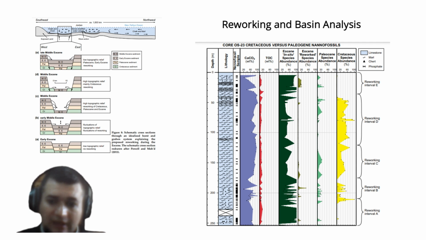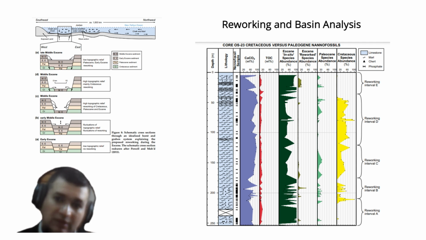In interval A, at the bottom, it is almost entirely autochthonous species without any allochthonous species. Allochthonous species, Paleocene and Cretaceous, appeared in the middle of the core in intervals B, C, and D. Finally, the allochthonous species, mainly the Cretaceous, disappeared, and then the Paleocene disappeared after that.